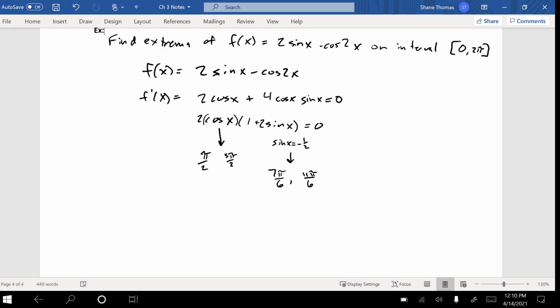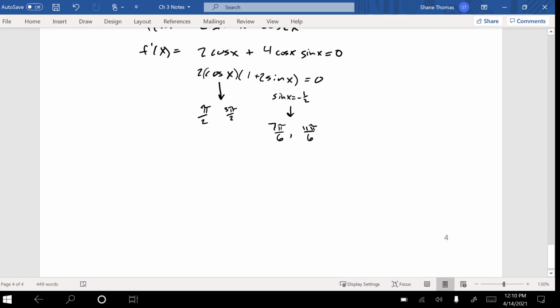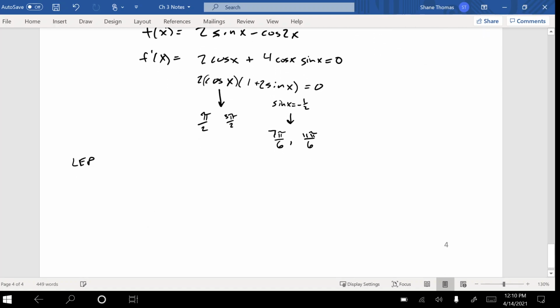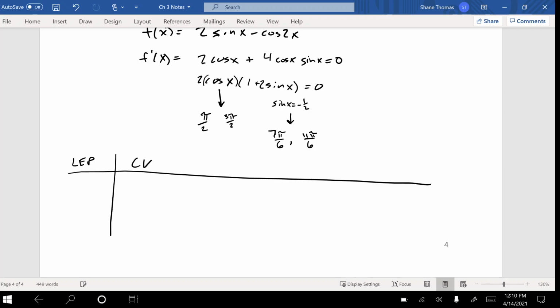All right, so those are 4 values. These are our critical values now. We need our left-hand endpoint, which is 0. So I have 1, 2, 3, 4 critical values and my right endpoint.